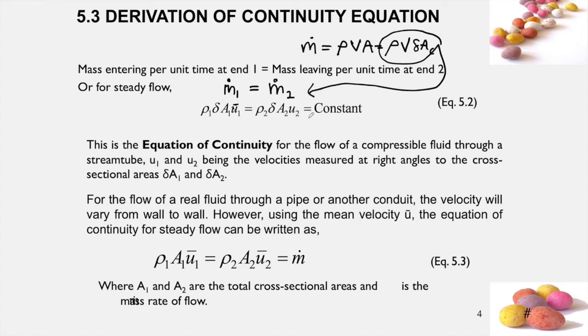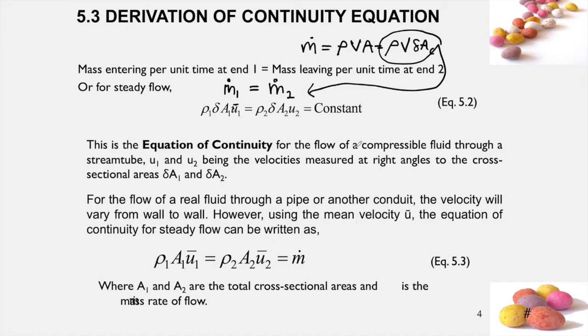This is constant. Why constant? Because in steady flow, mass entering is equivalent to mass leaving the stream tube. This is the equation of continuity for the flow of a compressible fluid.